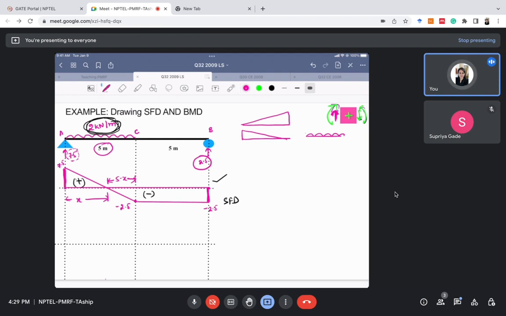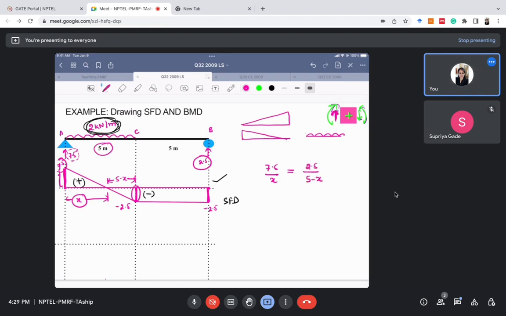And how to calculate the value of x? It is very simple. I hope you must have read it in school also. So 7.5 divided by x equals 2.5 divided by 5 minus x.